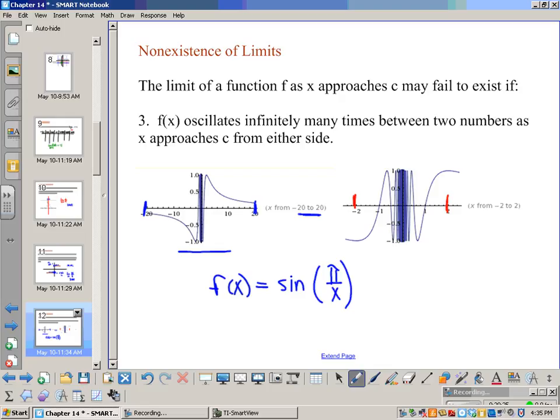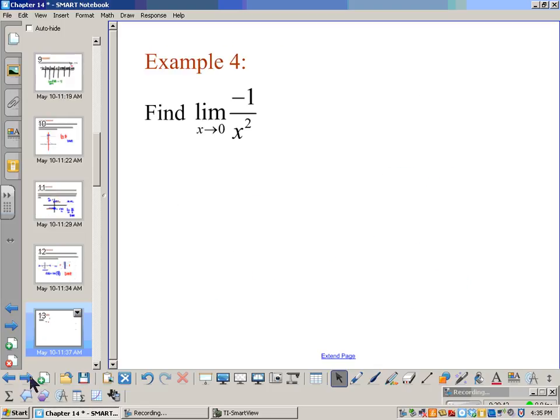What's happening is it's oscillating infinitely many times there. So in this case, the limit does not exist either. And you could change that to -0.5 to 0.5, and you'll notice that you still have the same mess happening there in the center.